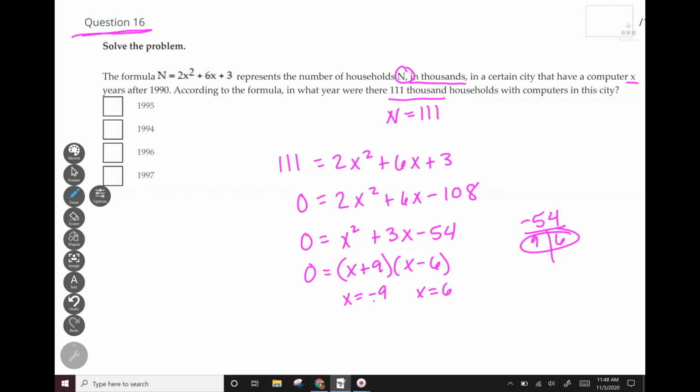Well, I can't have a negative number of years after 1990. So this is going to be x equals 6. And so since x is the years after 1990, you're going to add that to 1990, and it comes out to 1996. Okay.